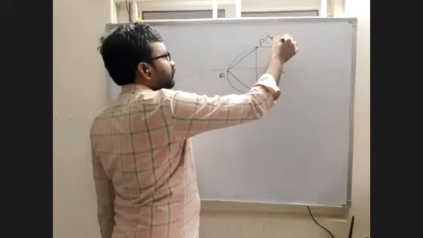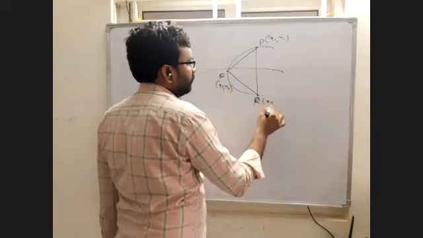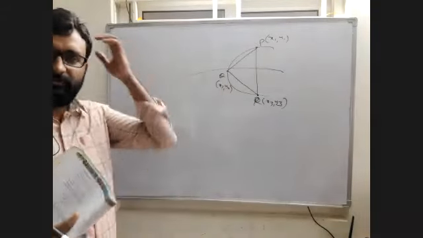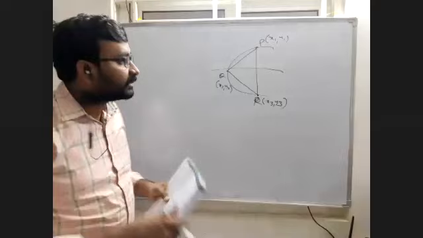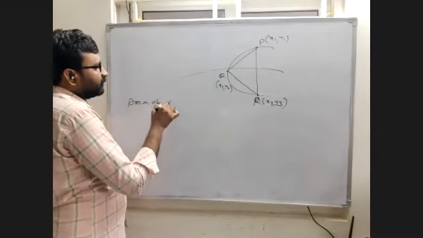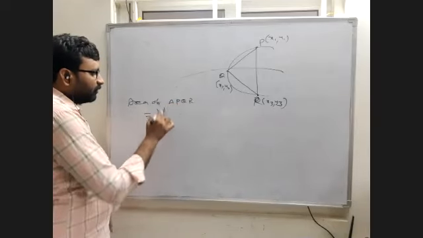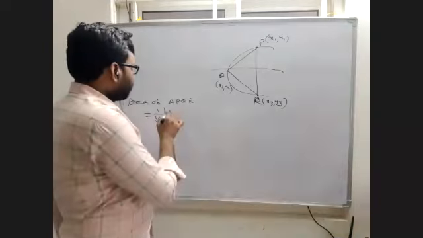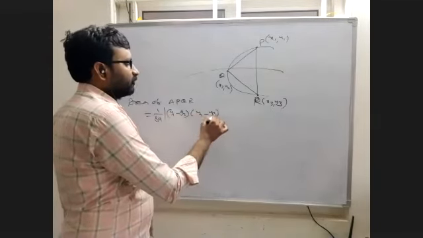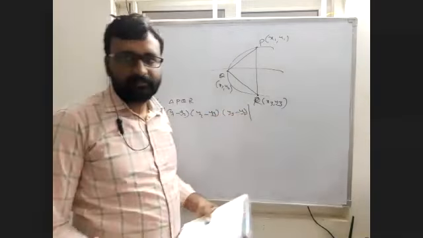Let P(x1, y1), Q(x2, y2), R(x3, y3) be three points on the parabola. Then the area of triangle PQR is, as we already know, 1 by 8a mod of (y1 minus y2)(y2 minus y3)(y3 minus y1).